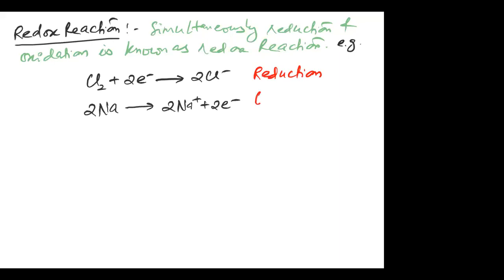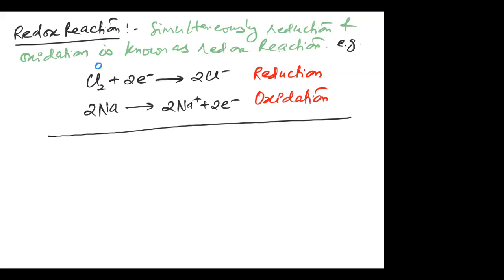And this reaction, we know, is known as oxidation. So we have reduction and oxidation, and if we add both half reactions, here the oxidation number decreases from 0 to -1, and here the oxidation number increases from 0 to +1.